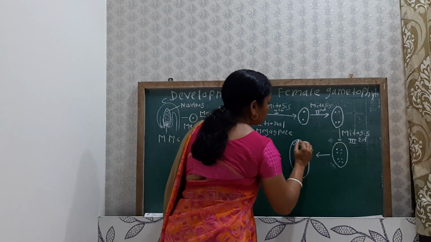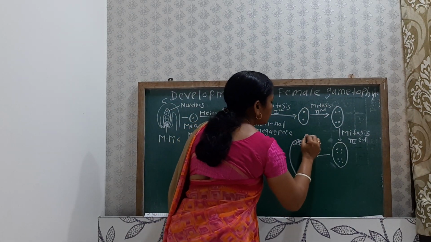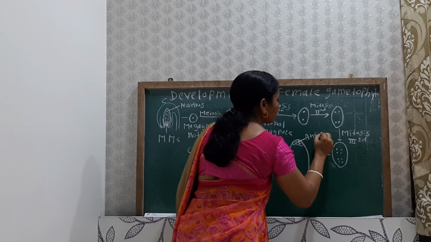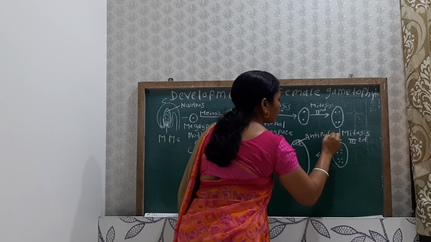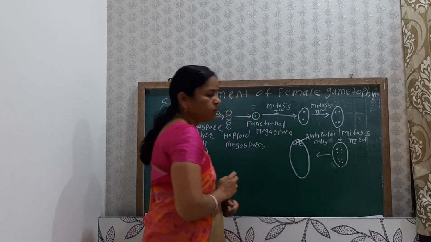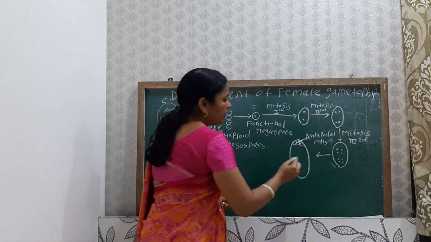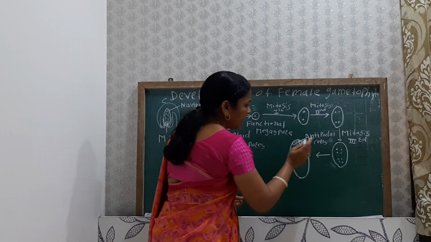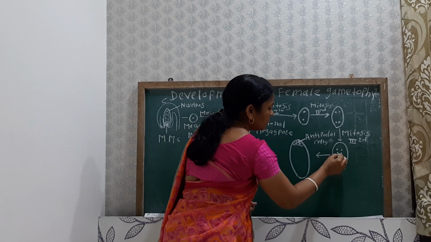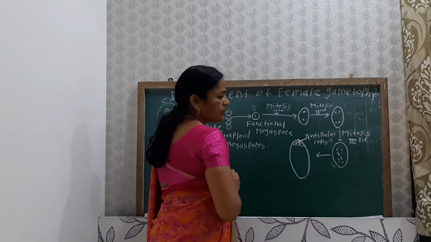So these are the 3 antipodal cells. Then one nucleus from each polar region migrates towards the center.